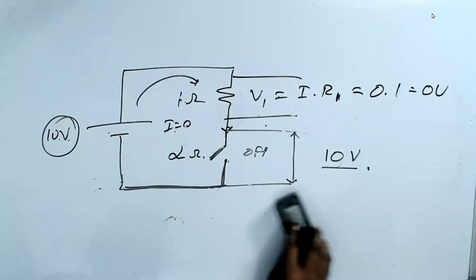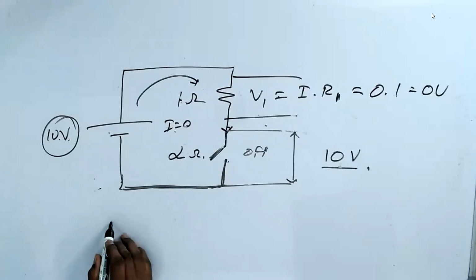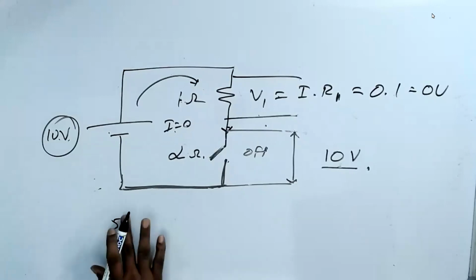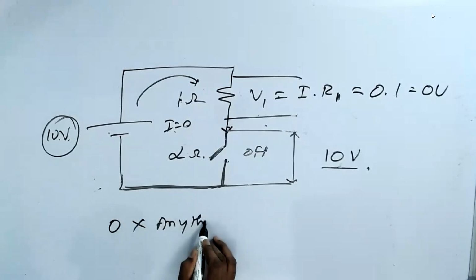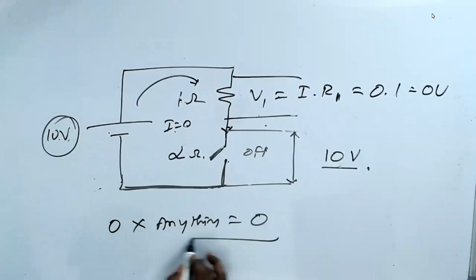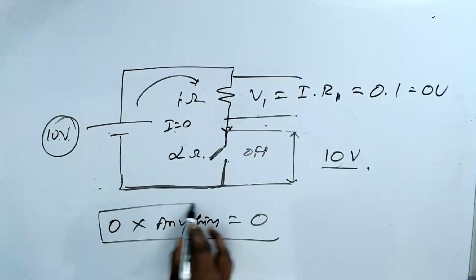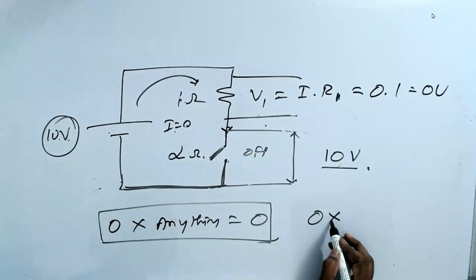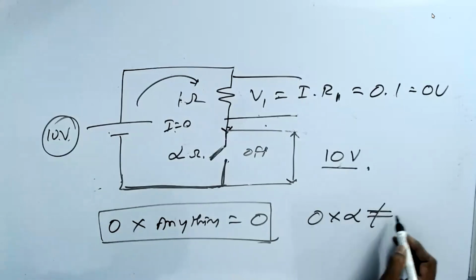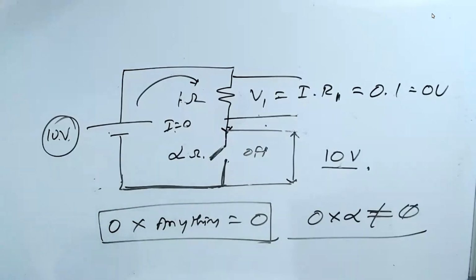During school, when you were in the 5th or 6th standard, they taught you 0 into anything is equal to 0. But very unfortunately, later they forgot to revise you. 0 into infinity is not equal to 0. You know that? 0 into anything is 0 except infinity. 0 into infinity is not 0.